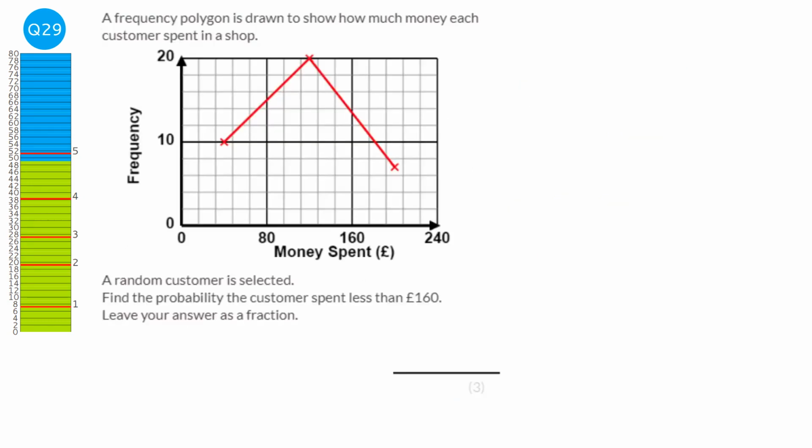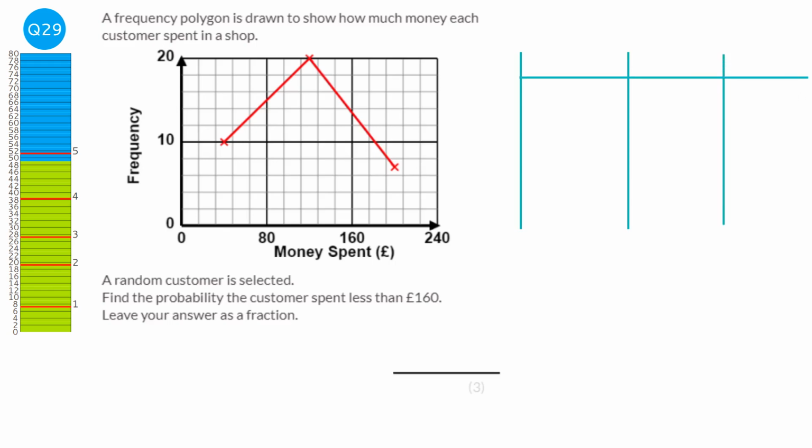So for this frequency polygon, what we've got to do is work backwards to work out what the table was that created it. So we're going to draw the start of a table. We're going to have our midpoint first, then our money spent intervals, and then our frequency.